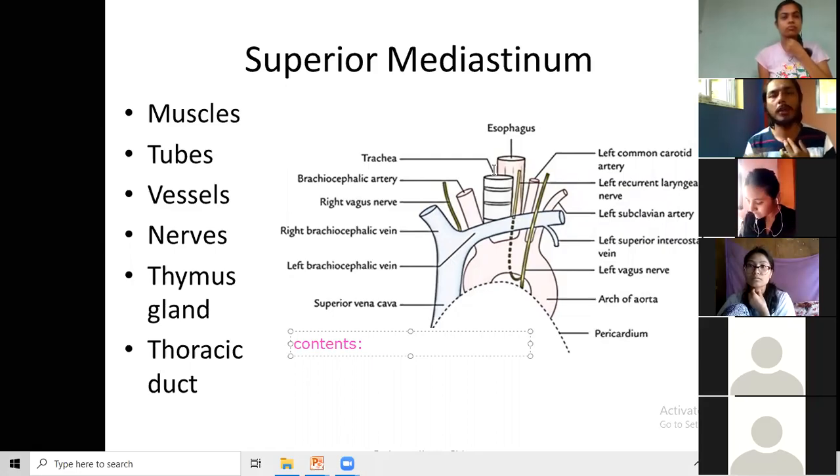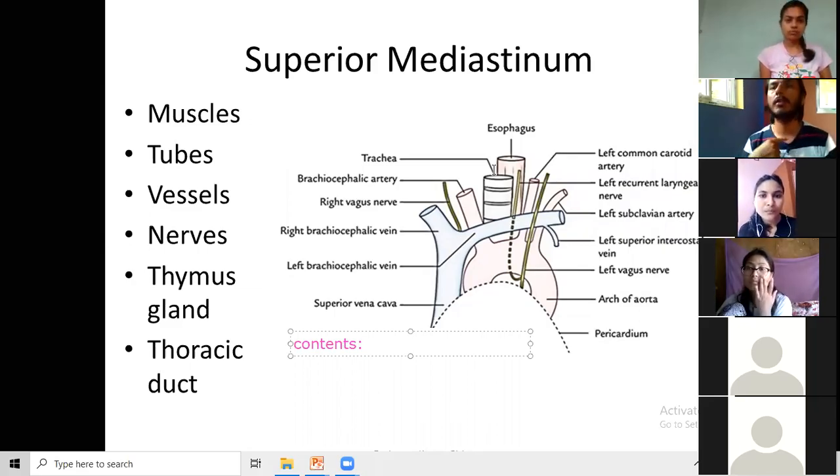So the muscles you will see here. One muscle will extend from the sternum to the hyoid bone, and one more muscle extends from the sternum to the thyroid cartilage. From here you will not see, we have to open. So from the sternum to the hyoid bone, there is one skeletal muscle, that is the sternohyoid muscle.